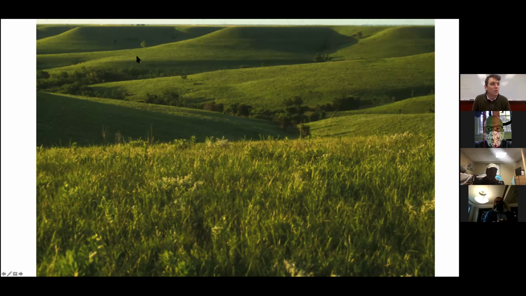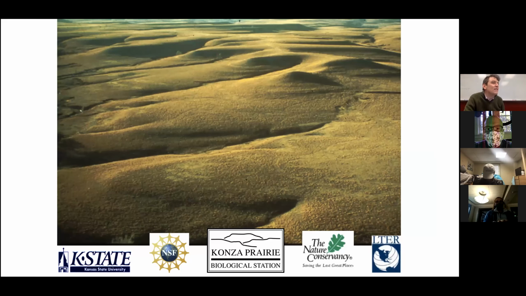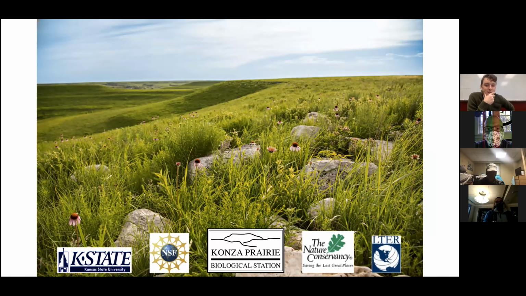Is it rolling? When I think of rolling hills, I think of it being a little more rounded than it is. Let's look here again. What do you notice about that landscape? Or the horizon? The horizon's really flat. Yeah, good.